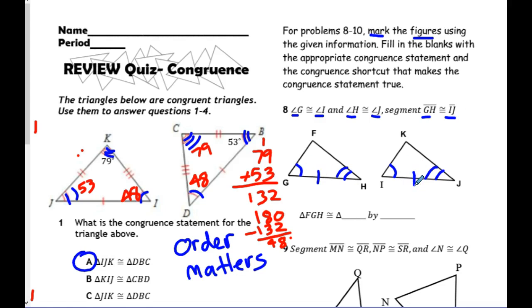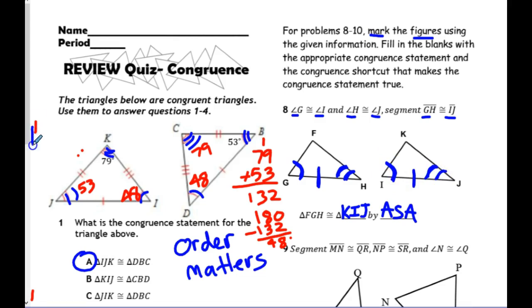So FGH is congruent to KIJ by what? Which one of the 5 congruence postulates is it? And so we see right here we have an angle, a side, and an angle. So that's going to be ASA.